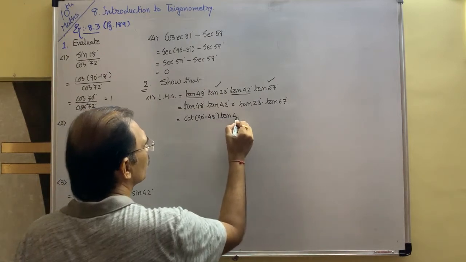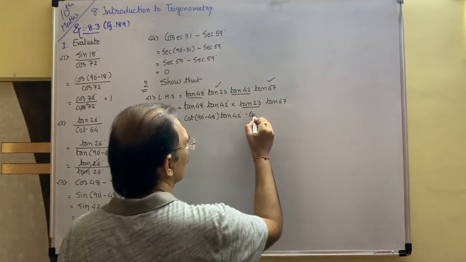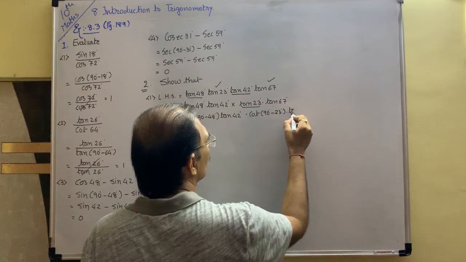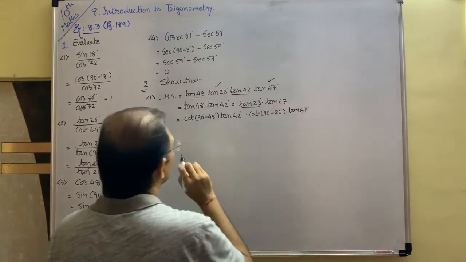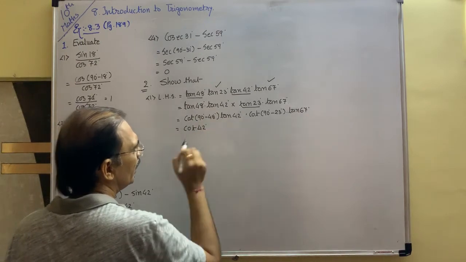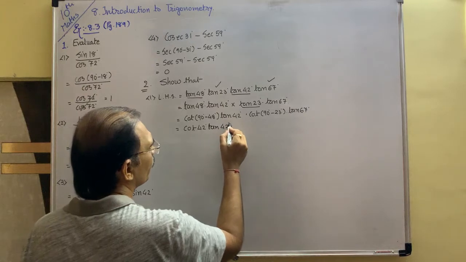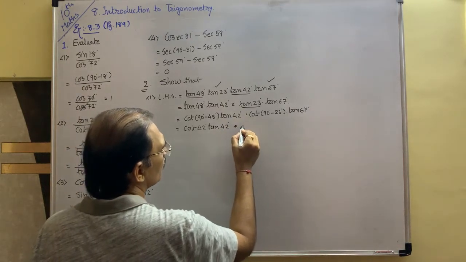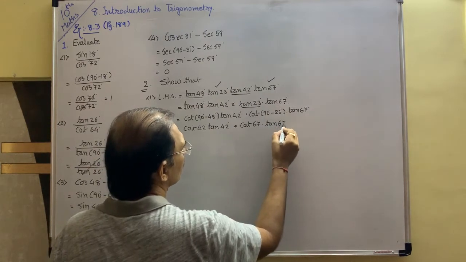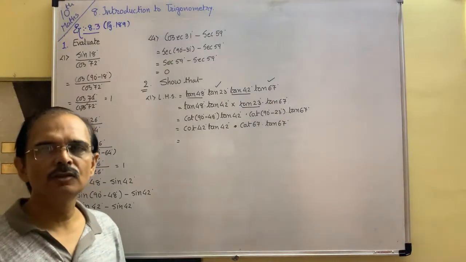I change tan 48 to cot (90 minus 48), which is cot 42, into tan 42, into cot 67 into tan 67. See, this is cot theta into tan theta, which is 1.